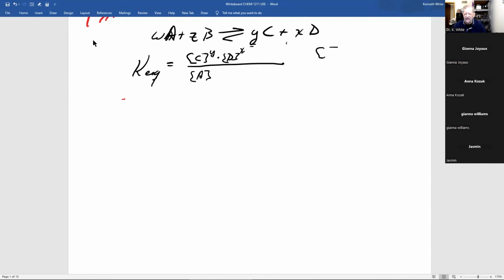We put it in brackets. That means concentration, moles per liter, of W to that power, the coefficient, times the molarity of the other reactant to that coefficient power. So let's look at the following.